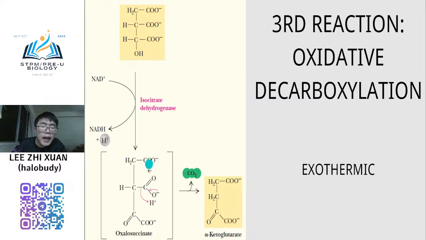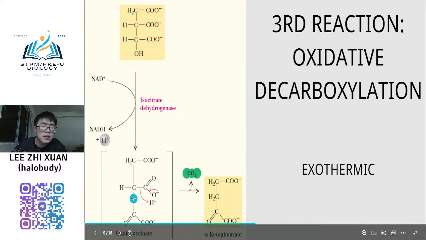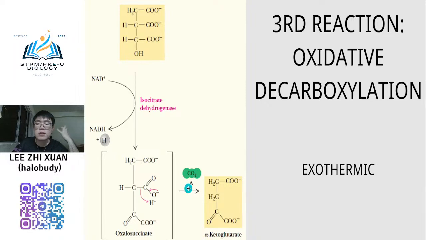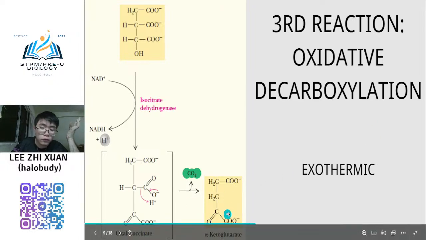Okay, after that, oxalosuccinate is an intermediate and it is unstable, so it will use the same enzyme again to release one carbon dioxide through the decarboxylation reaction, and then form alpha-ketoglutarate. So this is the whole reaction.